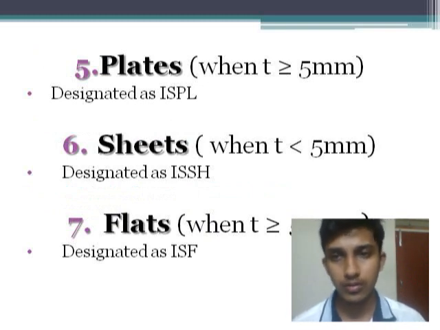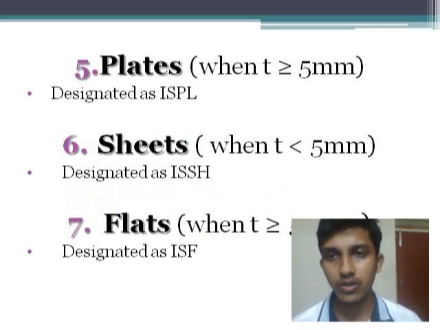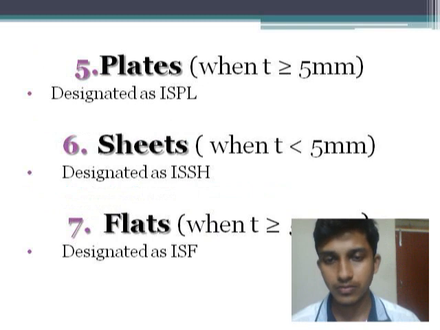Then coming to the next classification, that is plates. After bars we have plates. If we need thickness, T represents thickness, greater than or equal to 5 mm, then we go for plates. These plates are designated as ISPL.